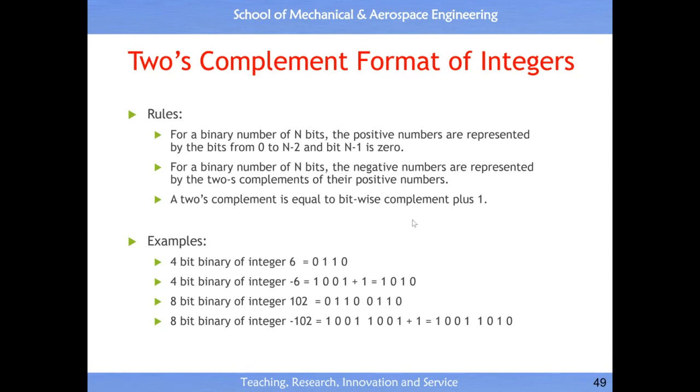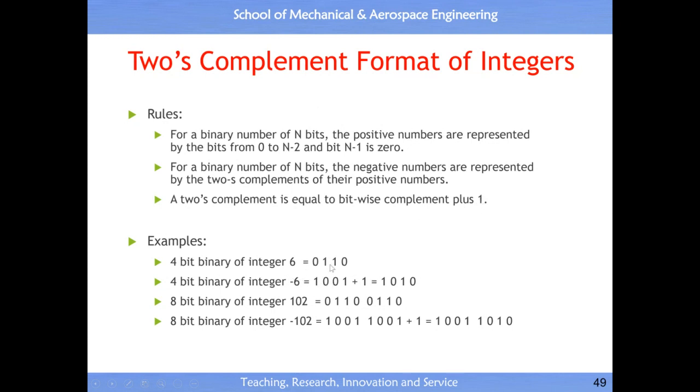We just use the 2's complement of its positive counterpart. If we want to represent a negative number, the 1 indicates a negative, then it is the 2's complement of the positive number. Here is an example. For example, this is a 6. Then what is the 2's complement of 6? It is the complement of 6, plus 1.